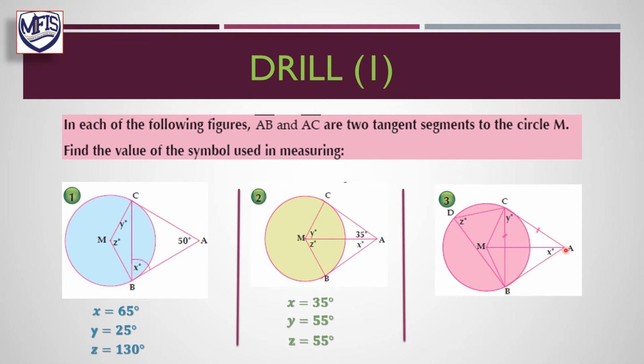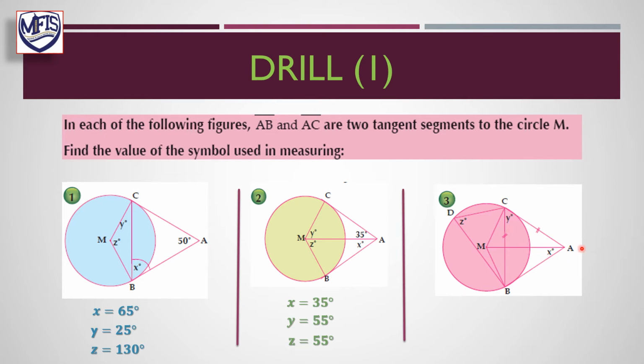Now I have triangle ABC is an equilateral triangle. Okay, the three sides are equal. That means each angle of this triangle equals 60. Now y equals 60.